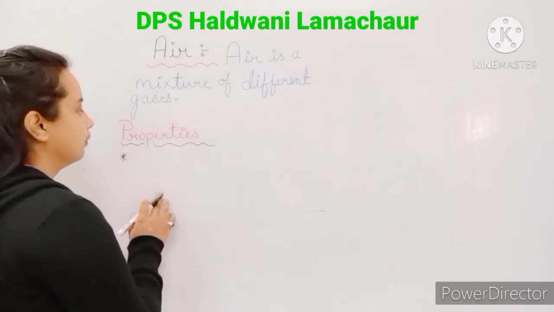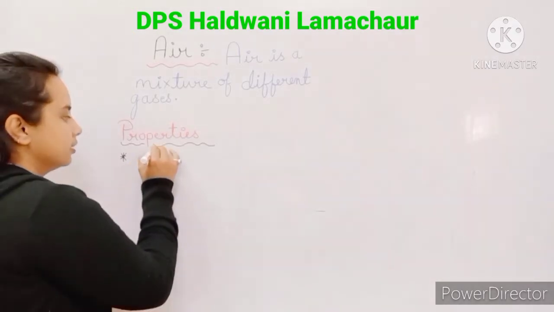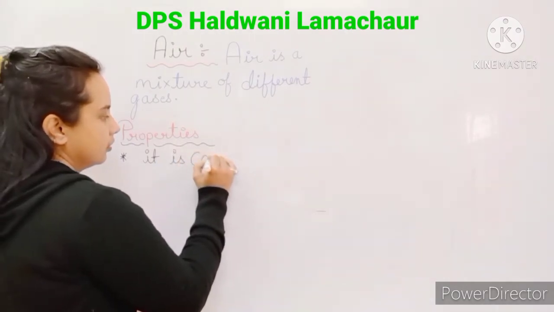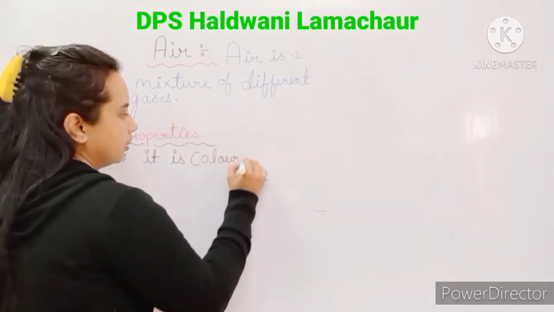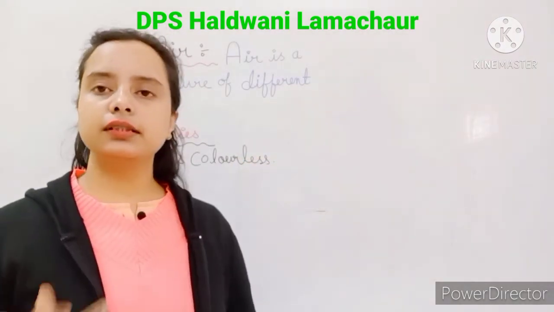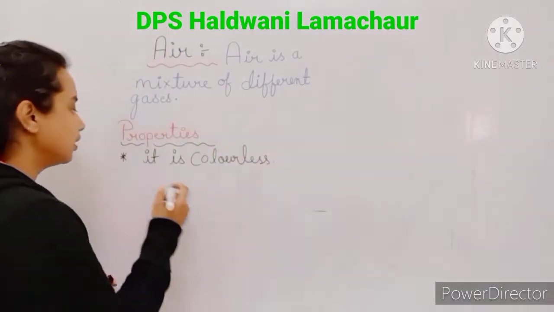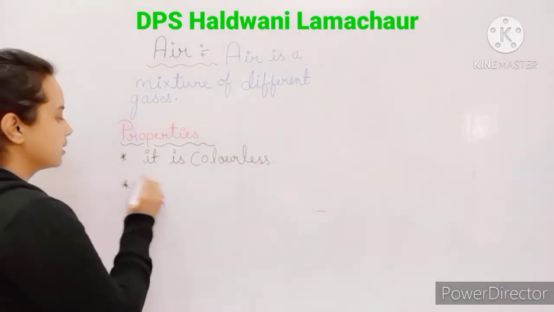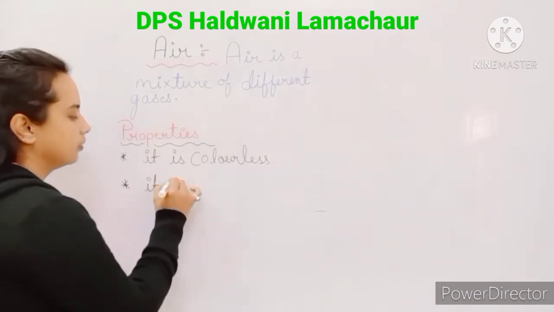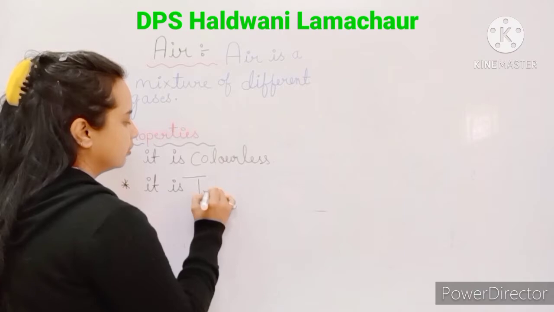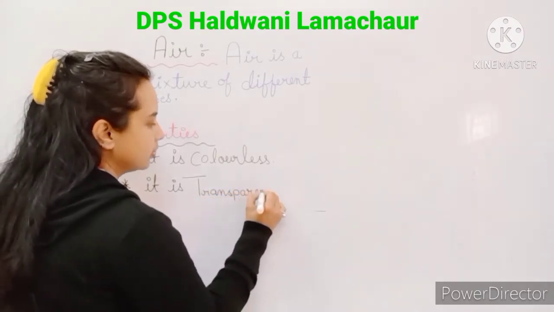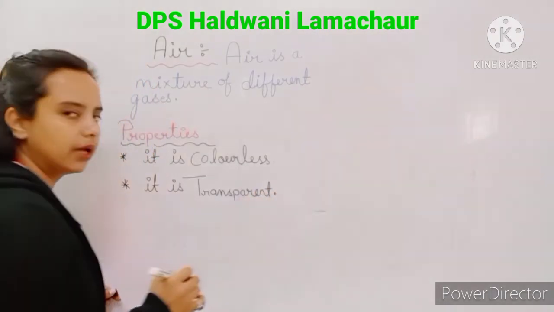So, the first property of air is it is colorless. Okay, it is colorless. So, we cannot see the air. Now, the next property is the air is transparent.